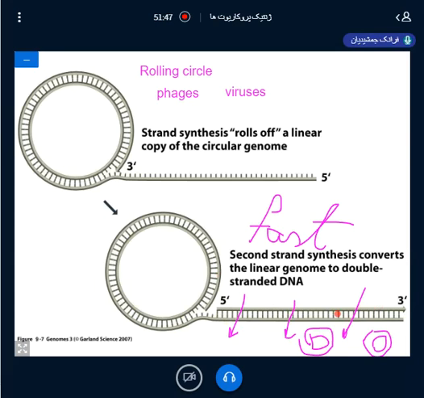I told you before, we have so many products in less time. So, for example, if we have bacteria and we have one phage on the surface and some DNA of the phage in the bacteria, they replicate so fast and after that they will lyse the bacteria and come out. Understand?